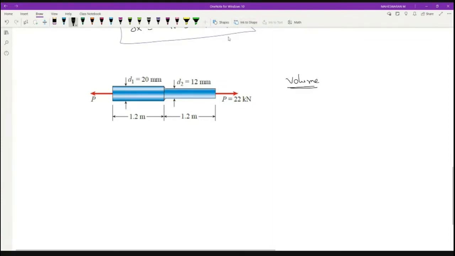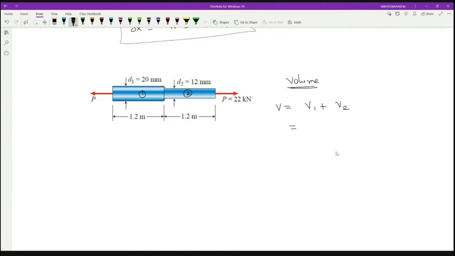To identify the volume, you can split this again into two, the first part and the second part. Volume V is equal to, let me call it V1 plus V2. What is V1? Cross section area into length. You know the cross section area, which is already identified, and the length is also known. So multiply those two, you will get V1.